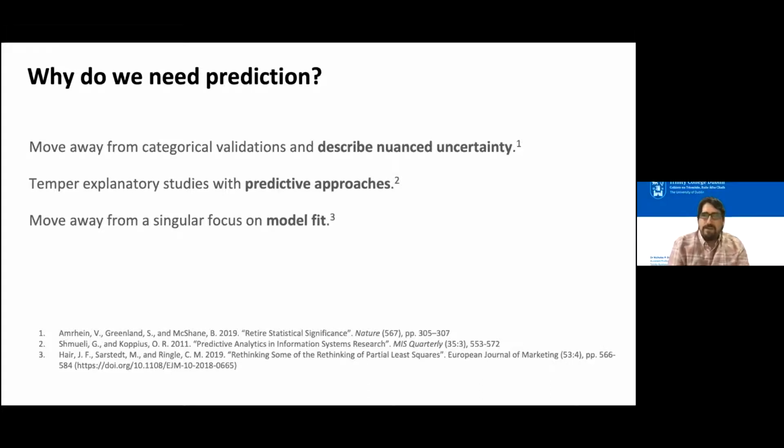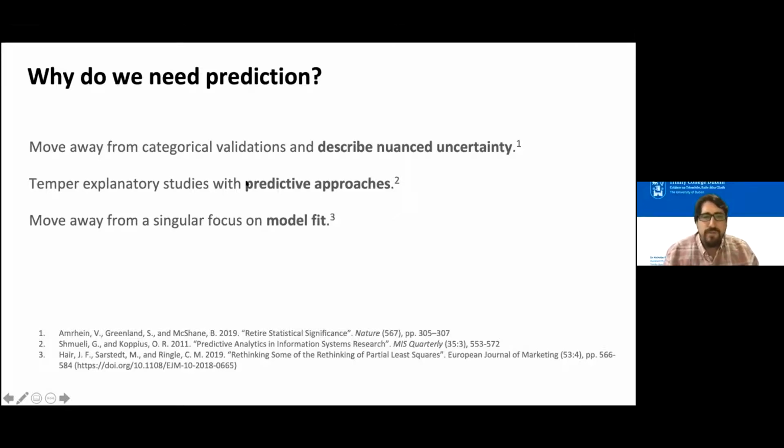They're encouraging us to move towards describing more nuanced uncertainty in our models and the data sets we test them on. Prediction is particularly well suited to this because it offers us another view of the uncertainty associated with the model. And that is how well our model performs on further samples that it hasn't yet seen.